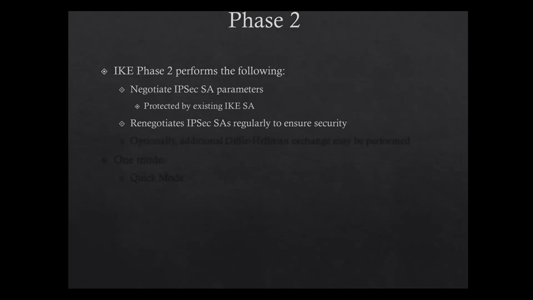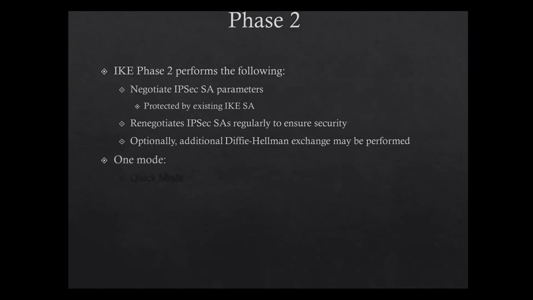If you want to do that, you have to enable PFS. Optionally, an additional Diffie-Hellman exchange may be performed. Perfect Forward Secrecy is all about exchanging Diffie-Hellman again. It also happens in phase 1, which is more than sufficient, but if you want, you can do this in phase 2 as well.